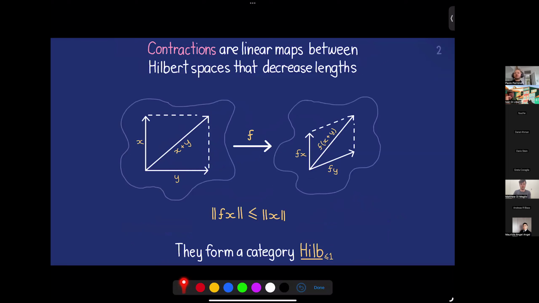And today, the morphisms of Hilbert spaces that we're going to consider are the contractions. These are the linear maps between Hilbert spaces that do not increase norm, which I'm going to denote by Hild less than or equal to 1.